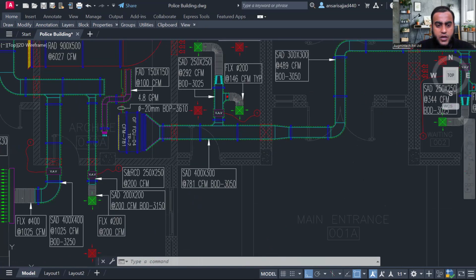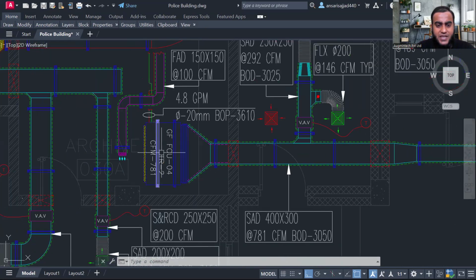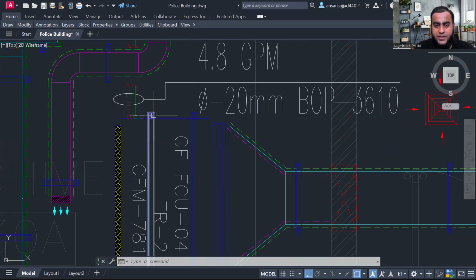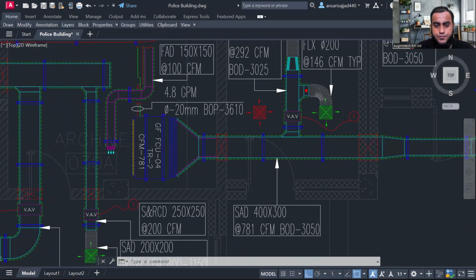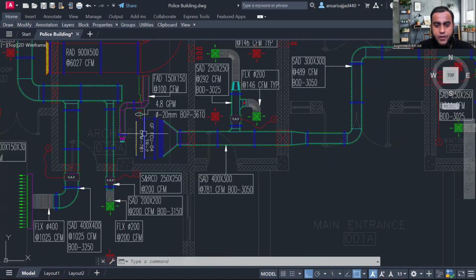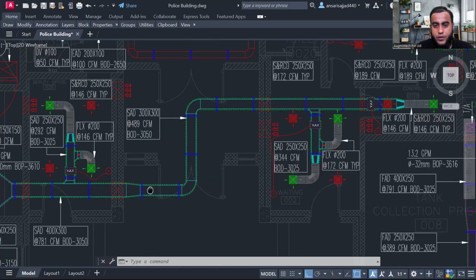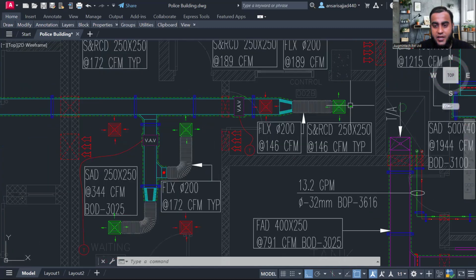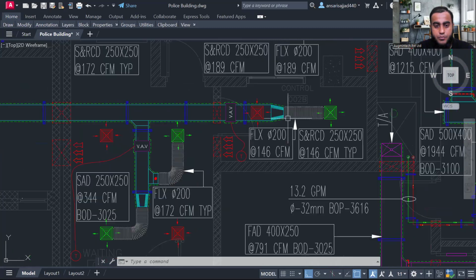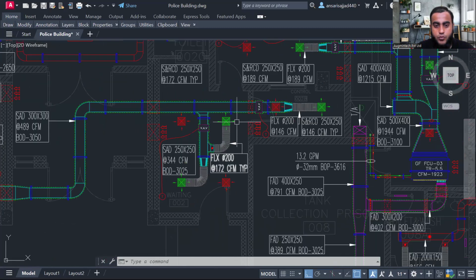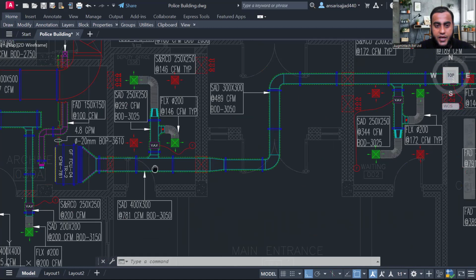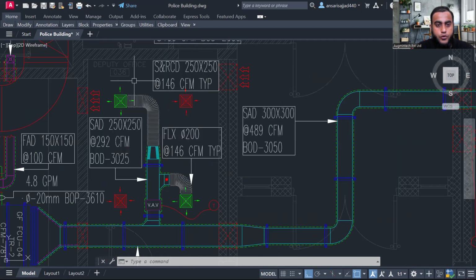And one FCU we are using here, which we have placed above the false ceiling. Remember, we are using hangers also. Above the false ceiling, we have to place the FCU. With the help of this FCU, via ductwork, we are supplying conditioned air in this control room, the waiting room, and the deputy office.